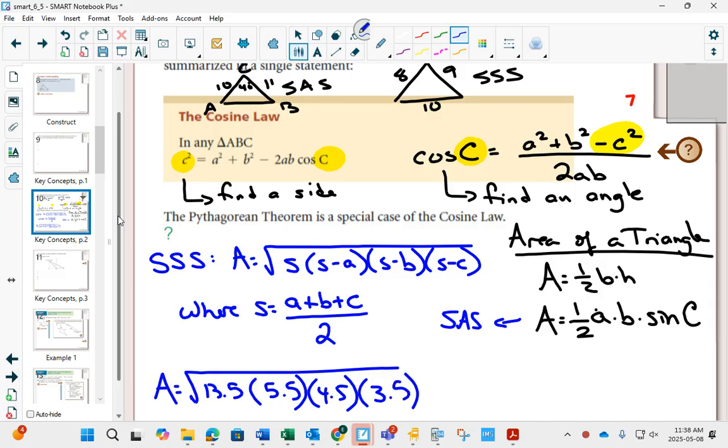If you multiplied all those together and square rooted it, you would get the area of the triangle. Kind of a neat formula because it doesn't use any angles whatsoever. That's also on your formula sheet.